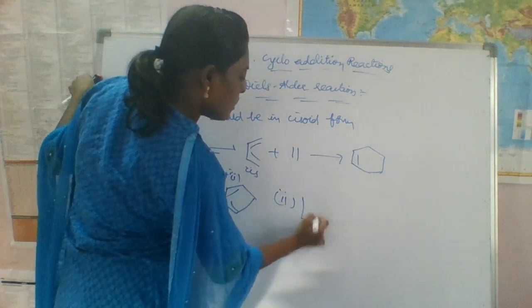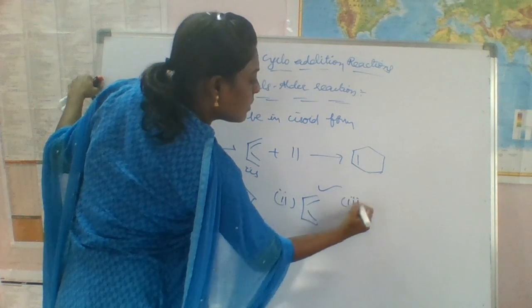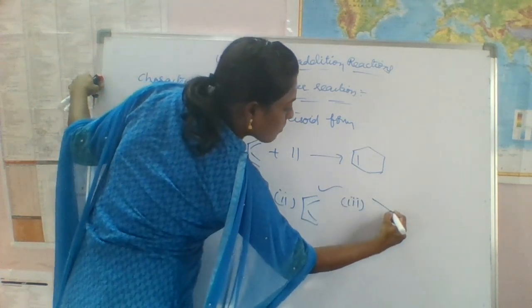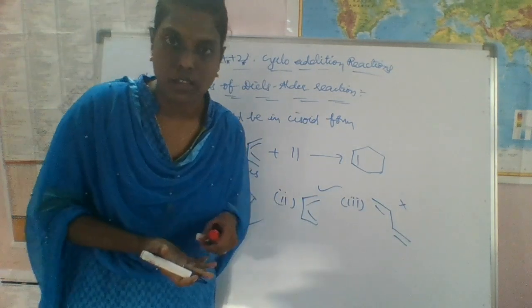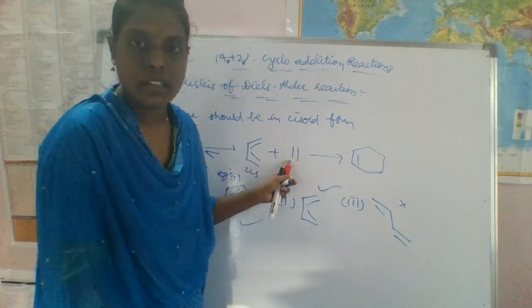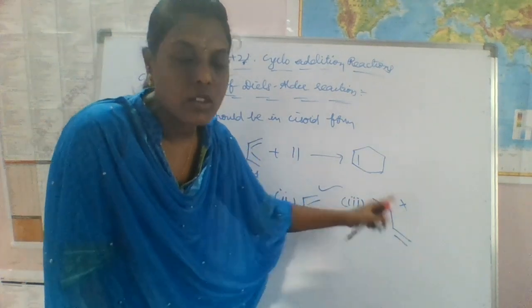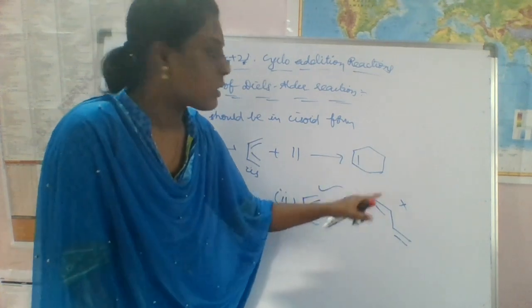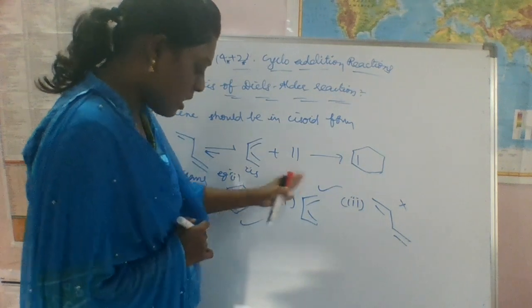Second, okay, it will also give. And what about the third? It will not, right? Again, it is converted into cis. Then it will interact with this diene, and it will give the product. Otherwise, it cannot give directly, right? First, it is converted into cis form. Then only it forms the product, right? Okay. So this is about this one, right?